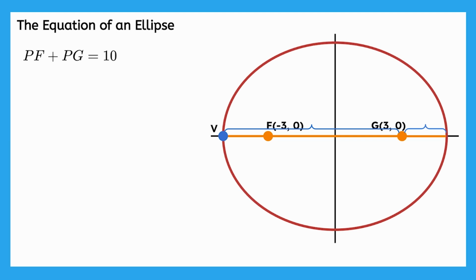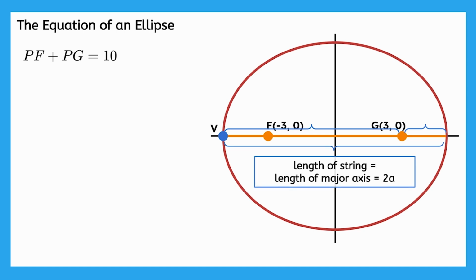It is. An ellipse is perfectly symmetrical across its axes. Therefore, if we fully extend the string horizontally, it will always measure exactly the same as the major axis. That is, 2a. And if 2a is 10, then a must be 5.